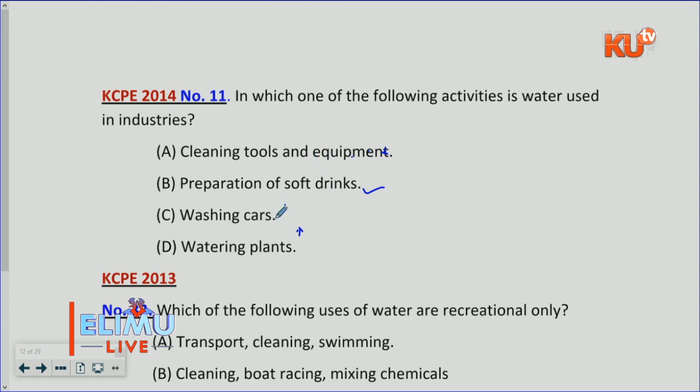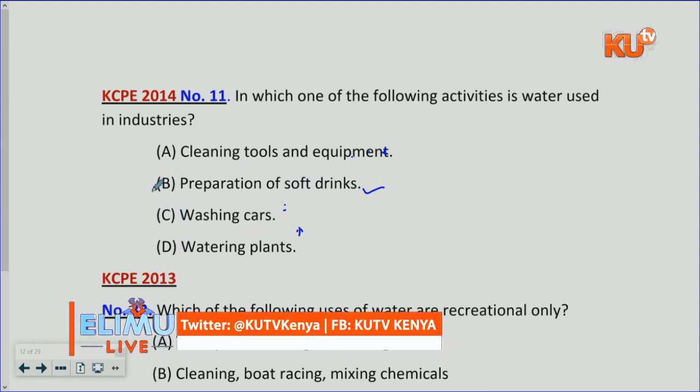But in this question, because of washing cars, many learners went for it, but they marked choice boy, preparation for soft drink. That's why earlier I mentioned about it. So examiners, there are some ways they use to confuse learners, but if you use elimination method, you can come back to it. You cannot skip choice boy, you go to choice cut, because this one is almost correct.